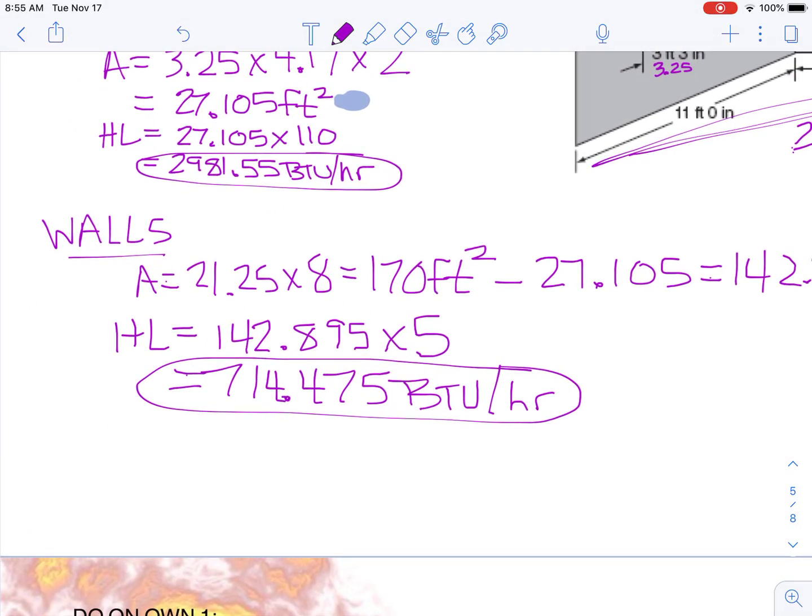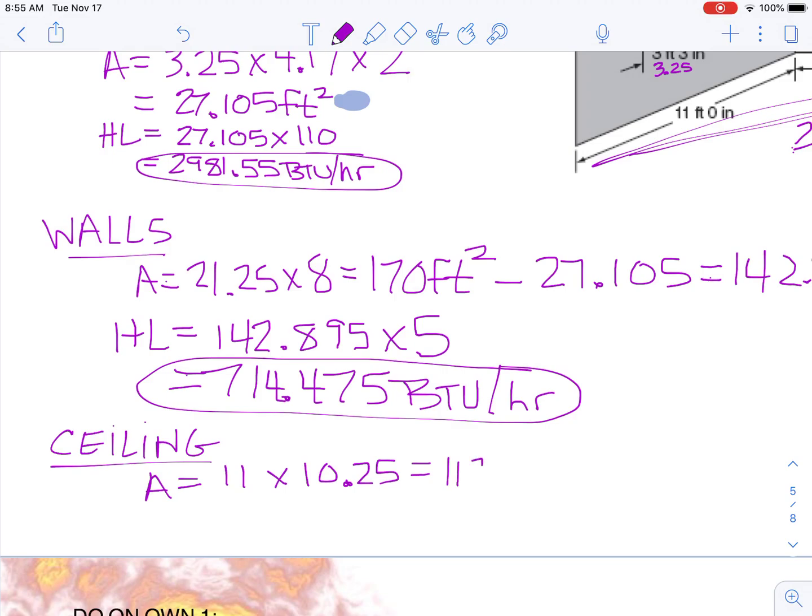For the ceiling, our area is going to be our 11 feet and our 10 feet 3 inches, and remember I'm using a little cheat sheet to say that's 10.25. So the area of my ceiling is 112.75 feet squared.